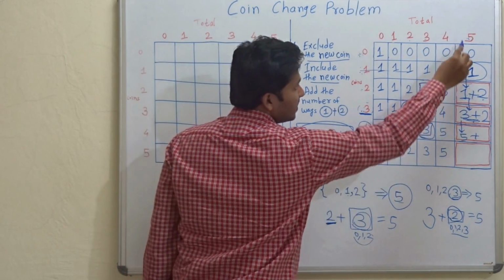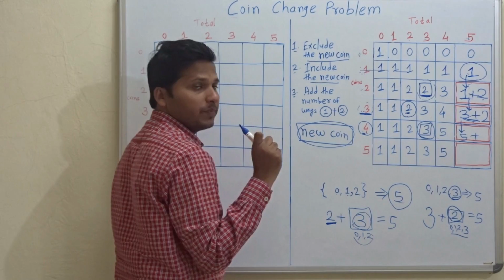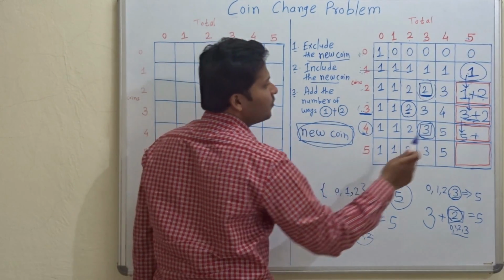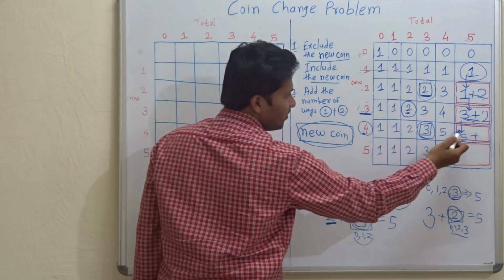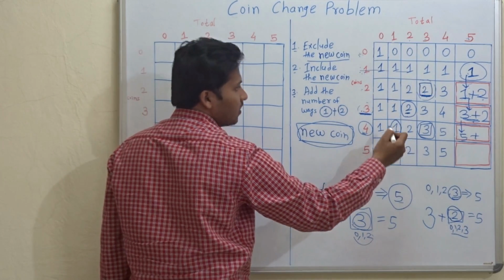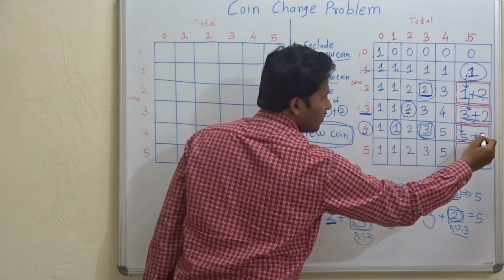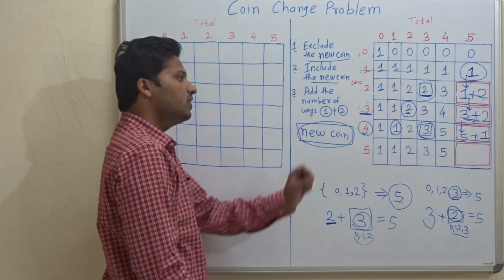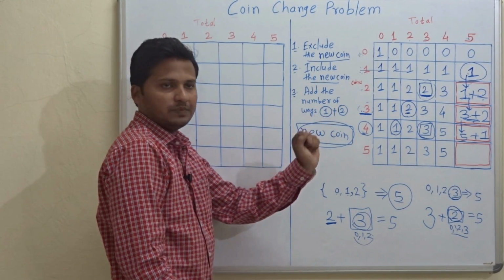So the remaining amount is 1 which we have to form. So 5 minus 4 is 1. So we have to go in the same row in the first column. And we have to copy this value here. That is 1. This is the way how we can write the program.